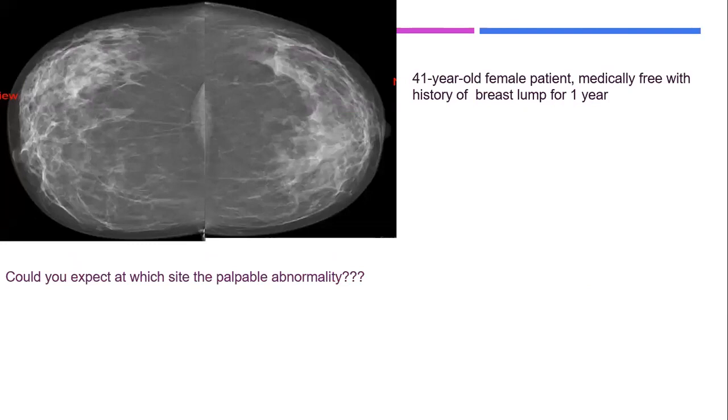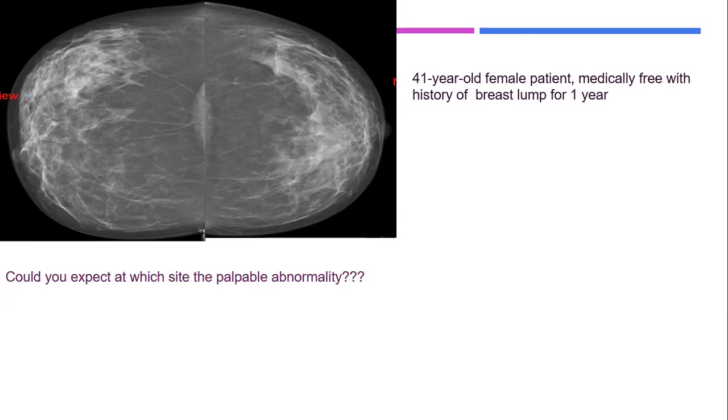Okay, this is a 41-year-old female patient, medically free, with history of breast lump for 1 year. Could you expect at which side the palpable abnormality is? This is a good bilateral CC view, good image quality. Could you appreciate any abnormality in this image?